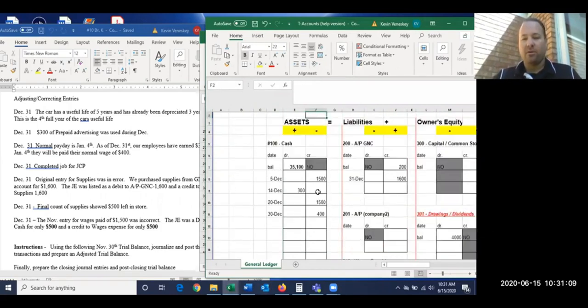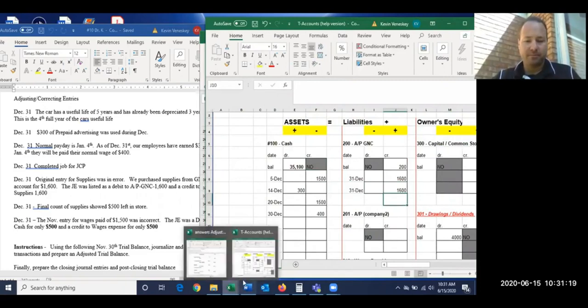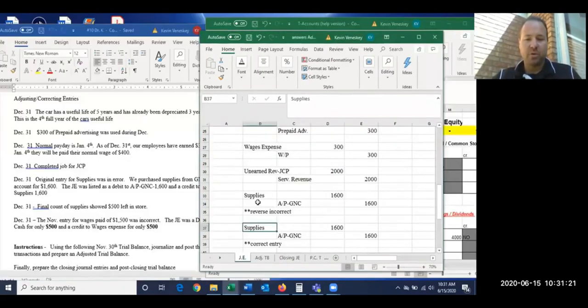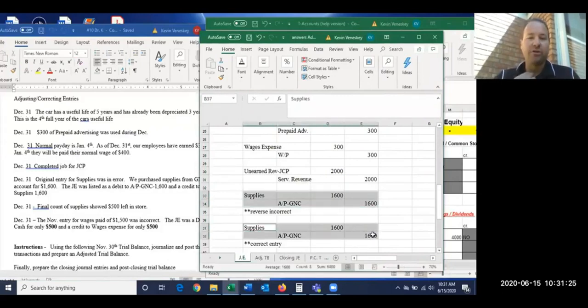And we need to put in $1,600 where it should be into our AP. So we have the exact same entry in this case. Whenever the journal entries are simply flipped, you have to do the same entry twice.